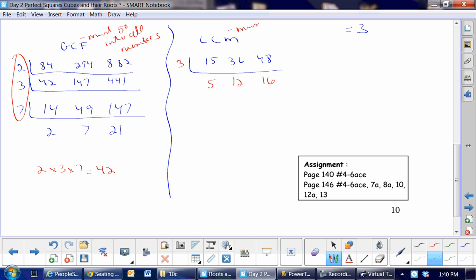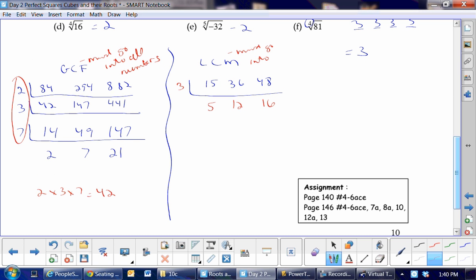It must go into at least 2. So you don't have to go into all of them. So what is a number that goes into 2 of them at least?